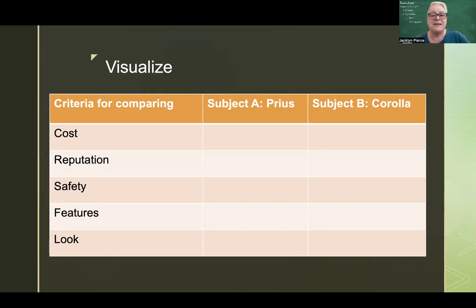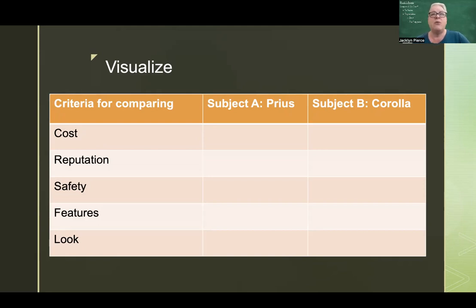Consumer Reports magazine, of course, they have a website as well, is a great resource for that kind of comparison. If you are looking at products, you can look at reviews fairly easily. Safety, same thing. Most of those kinds of places that will share that information will also contain things like safety.